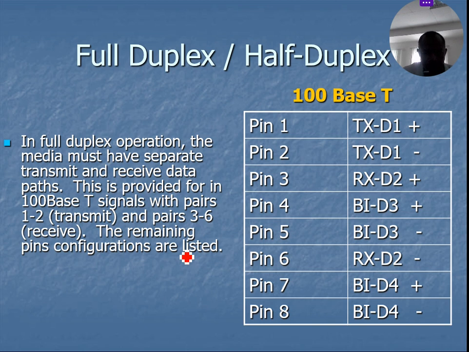Just like we have on this table, this is 100 Base-T signals with pairs. Pins 1 and 2 are for transmit. Look at pin 1 and pin 2. These are for transmit, and the direction is given as Transmit D1.